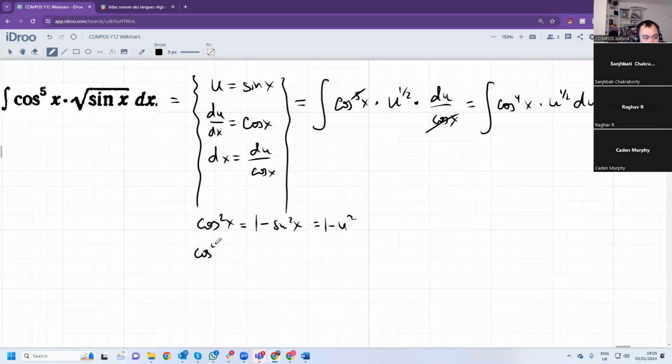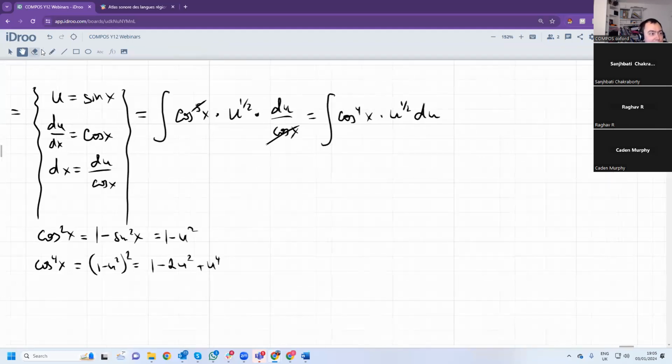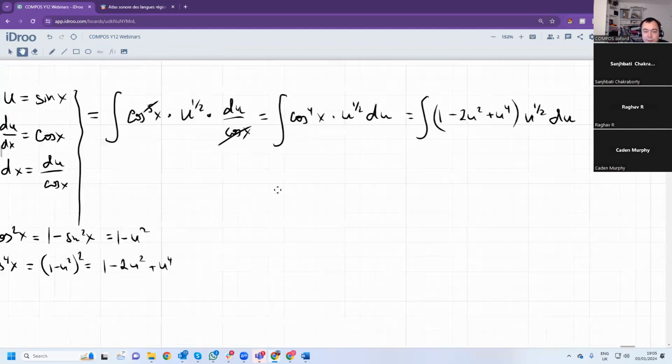Therefore, cos to the power 4x is 1 minus u squared squared, which is 1 minus 2u squared plus u to the power 4. And that's what we do here. So it's going to be the integral of 1 minus 2u squared plus u to the power 4 times u to the half du.